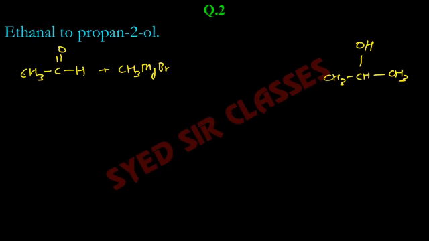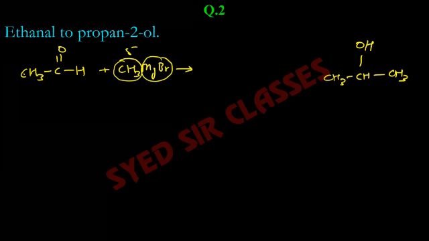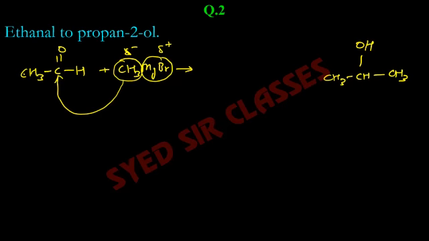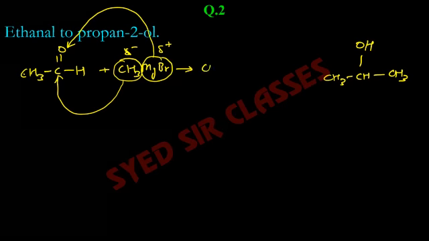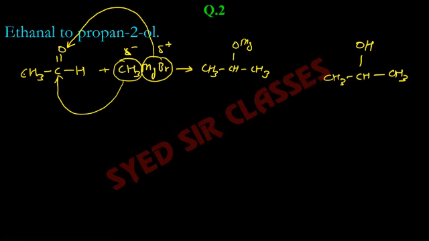With that you will get, now I have already told you that R is actually the negative part and MgBr is the positive part because magnesium is highly electropositive. So the negative part will go to the electropositive carbon and the positive part will go to the electronegative oxygen. What you will get here is CH3CH(CH3)OMgBr.